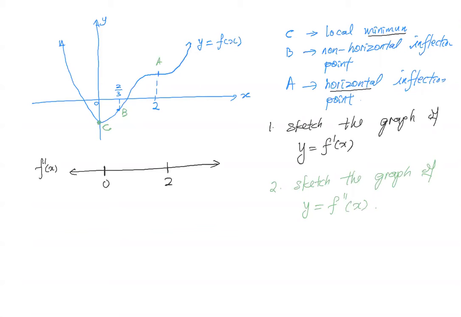It's telling you that f prime 0 is 0, f prime 2 is also 0. Negative, positive all the way, then positive.